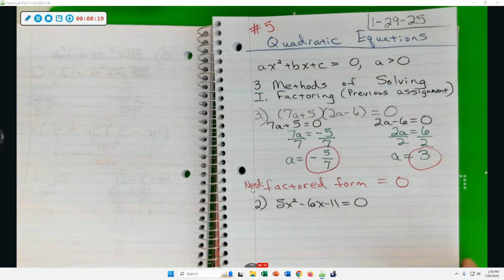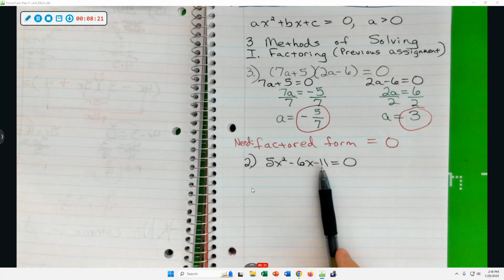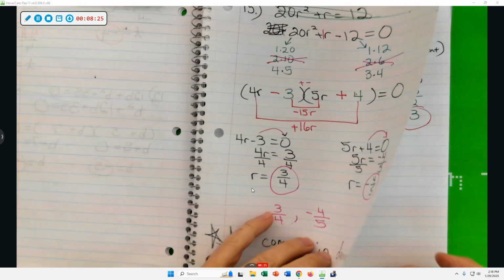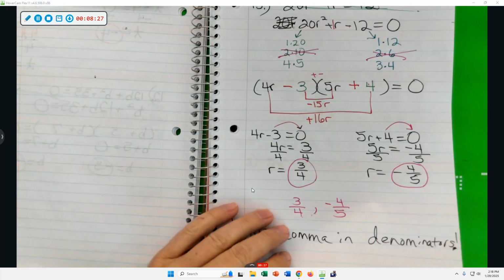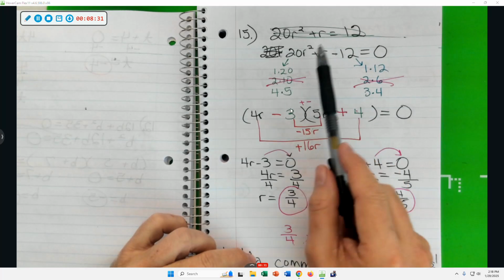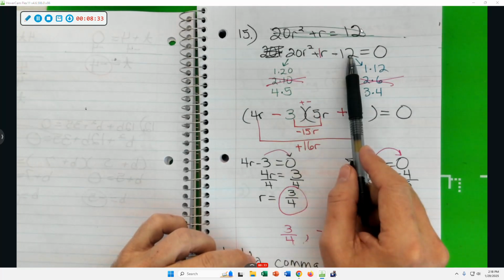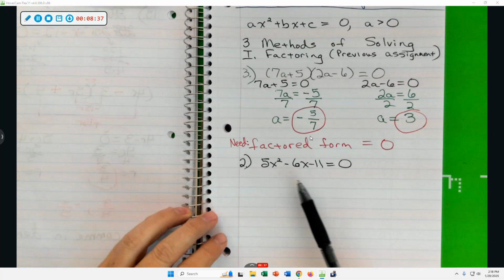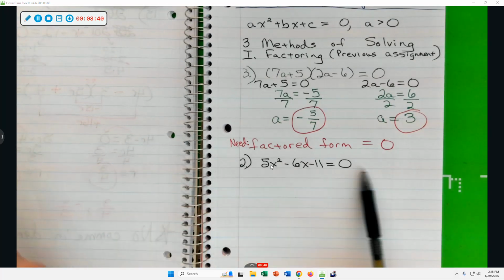Remember, you need descending order on one side, 0 on the other. But this one is already in that desired form, so we don't have to move terms around.